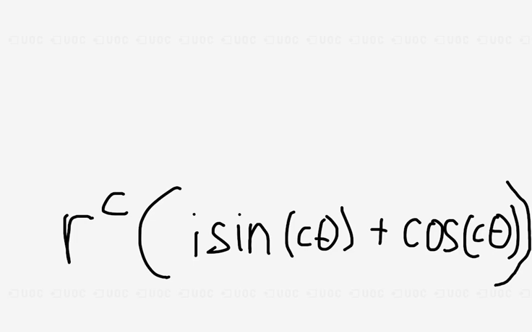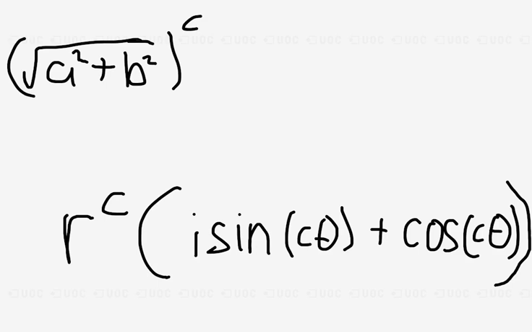Now, what are r and theta? r is the square root of a squared plus b squared. If you can't remember why, you can go back to the start of the video and rewatch that.